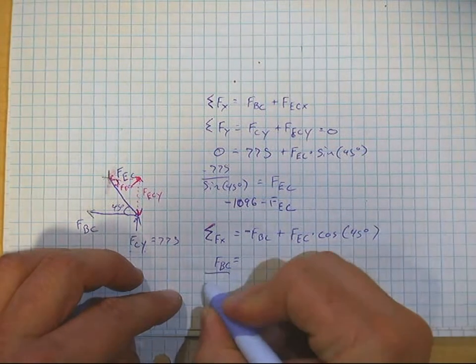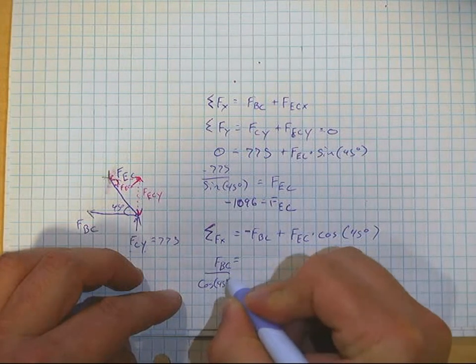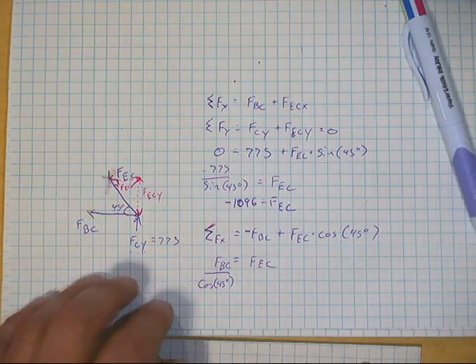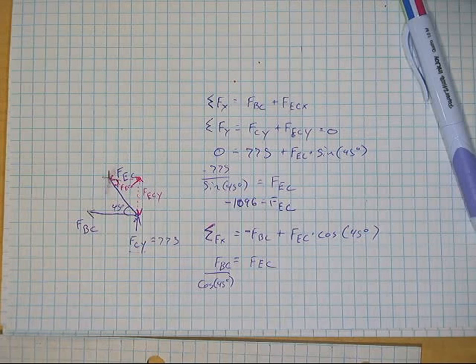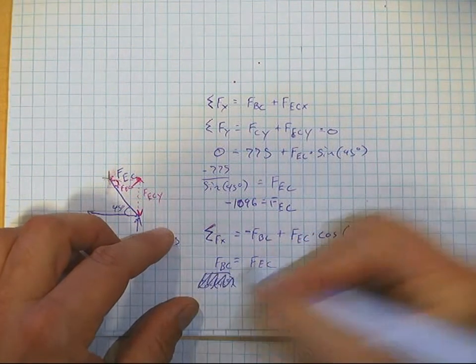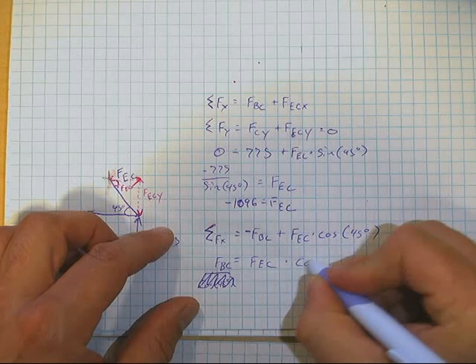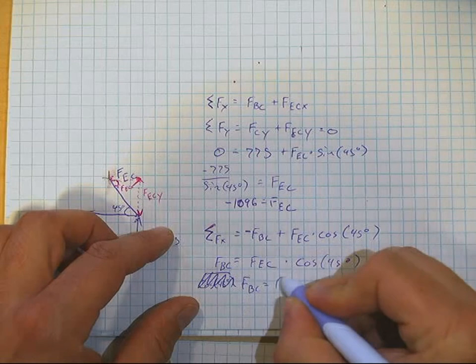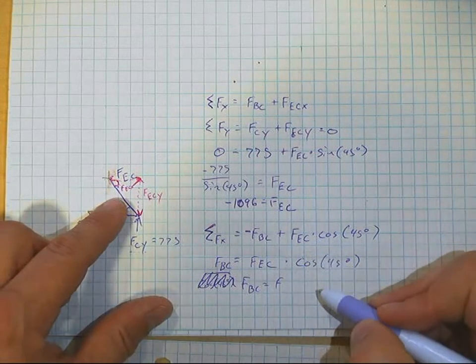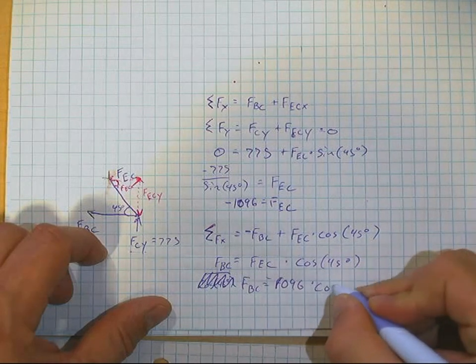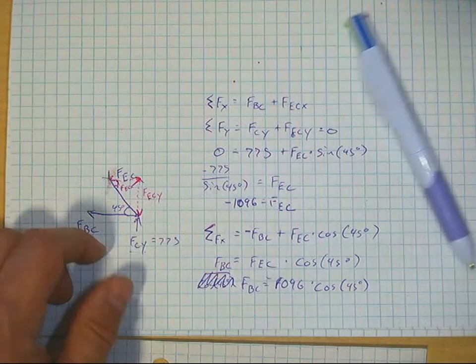FBC divided by the cosine of 45 degrees is going to equal FEC. Oh, I made another mistake, guys. Sorry about that. I should have substituted all the way in here. So FBC is going to equal, and we know FEC, so FEC is going to be 1096 times the cosine of 45 degrees. Okay, there we go.